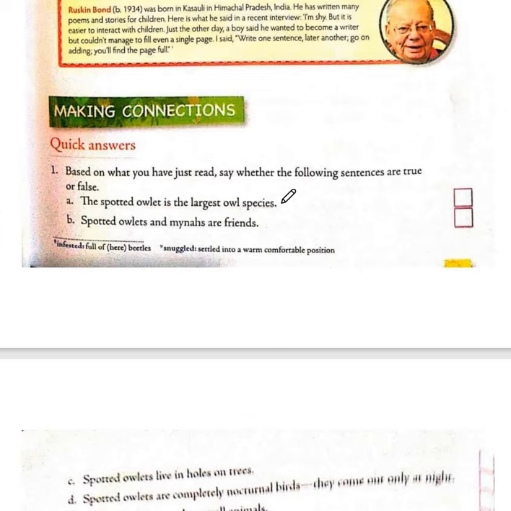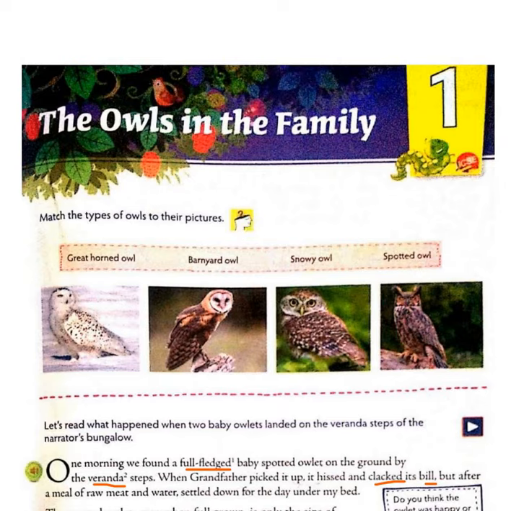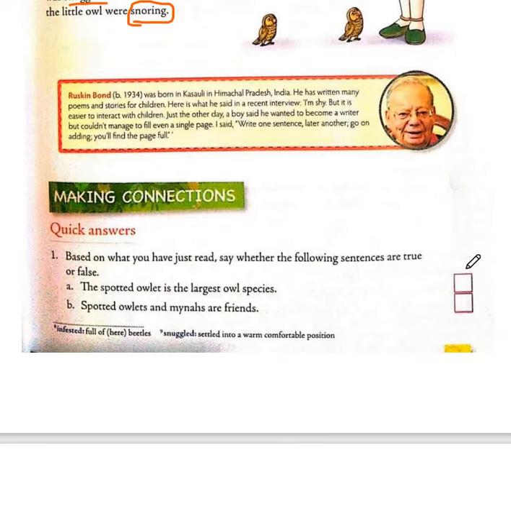The largest owl species will be this, the first picture given in your book, this great horned owl. They are the largest one. So when it is said the spotted owlet is the largest owl species, we will tell that this is false. So the first one is false.